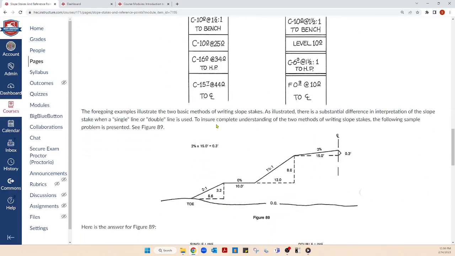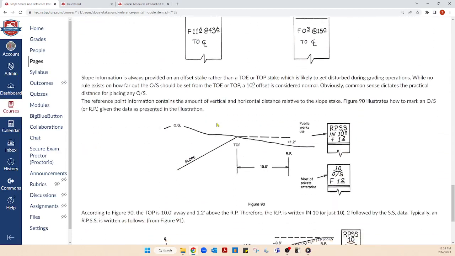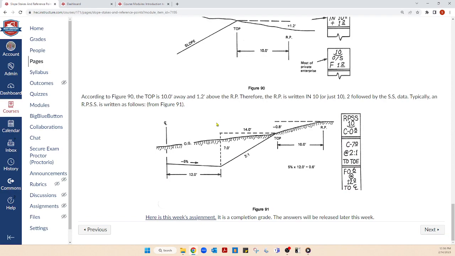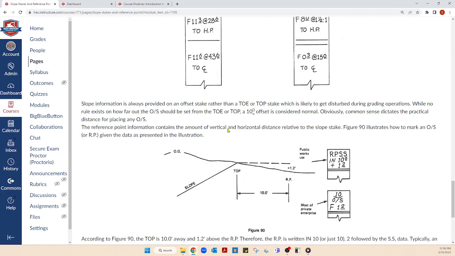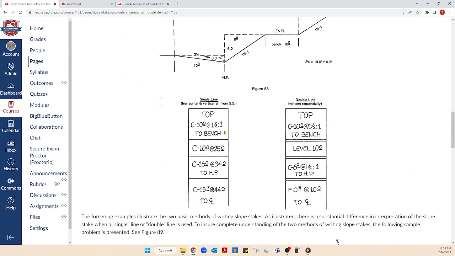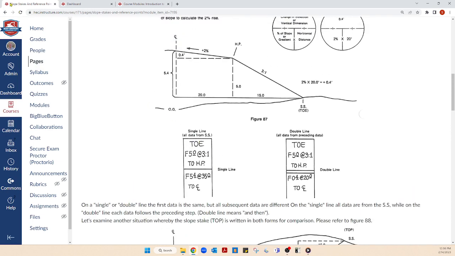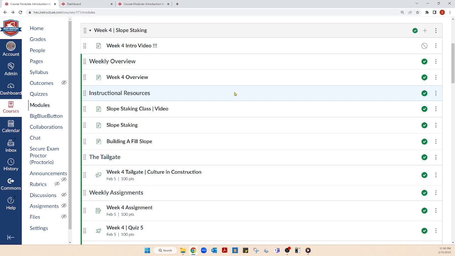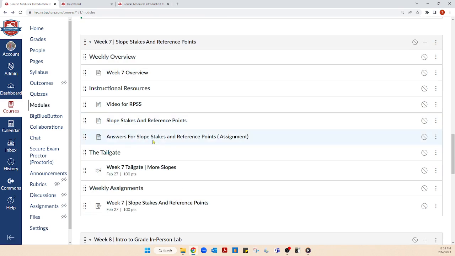No, these are the ones we did. Oh, I know what. I want to see the assignment ones. So let me see if I can sneak back to modules.